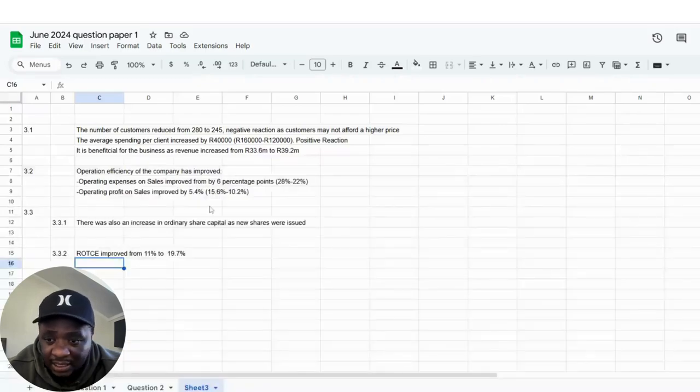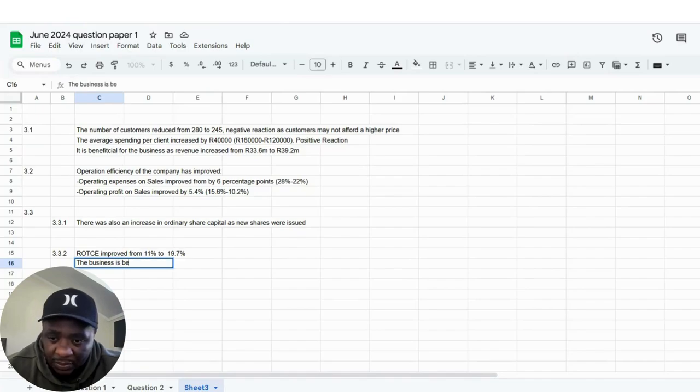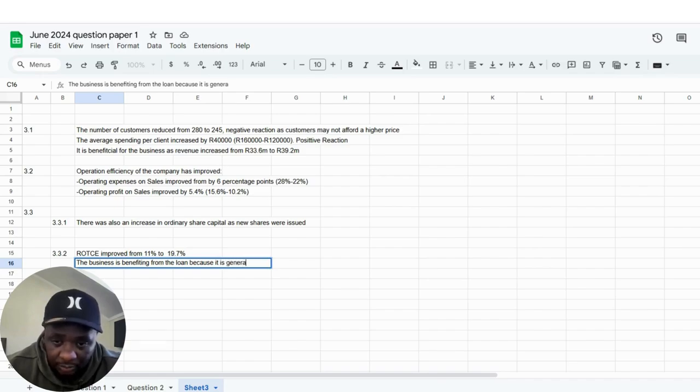So we're going to say that the business is benefiting from the loan because it is generating a positive degree of gearing.